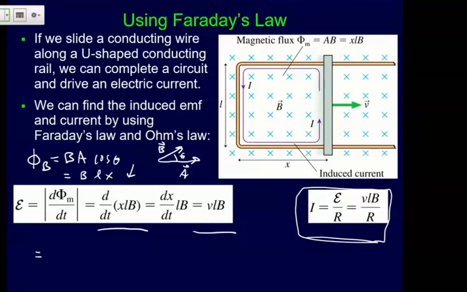So you're creating an EMF in this wire, and we use Ohm's law to figure out what the actual current would be. So the EMF is our epsilon here, VLB, and we divide by the resistance. Generally, it's just one extra step, but sometimes you're so involved in the problem you can miss that extra step, so just be careful with that.